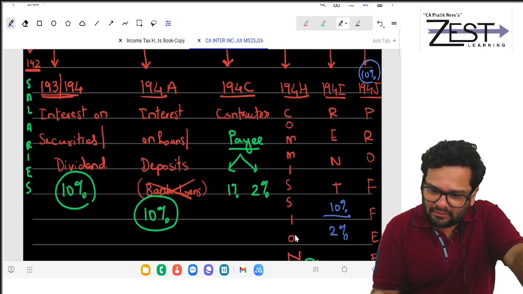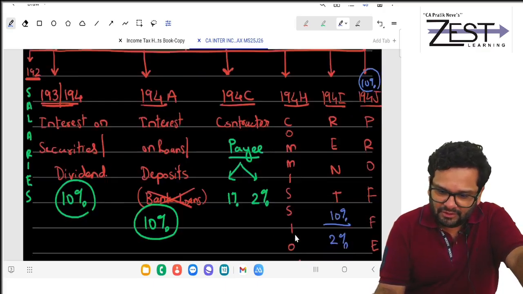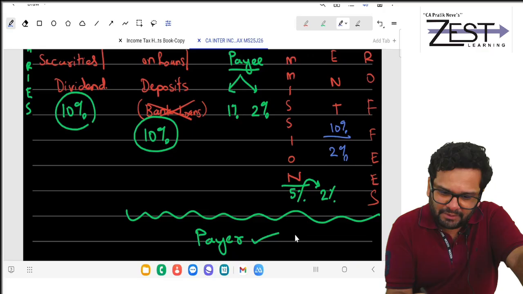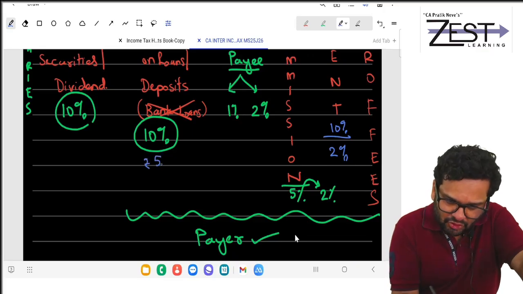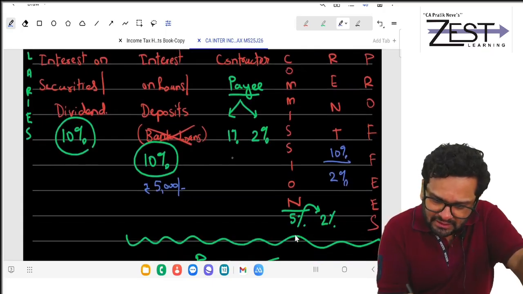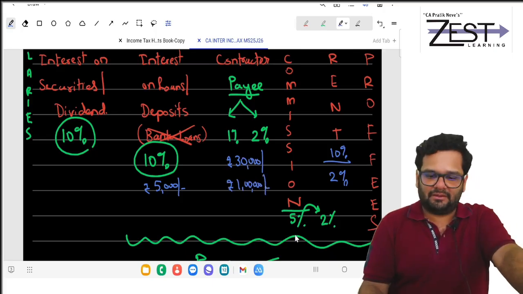And take one different color and write thresholds. When a businessman is making payments, threshold is 5,000. For contractor, 30,000 slash 1 lakh. You know the detailing, when 30,000, when 1 lakh.